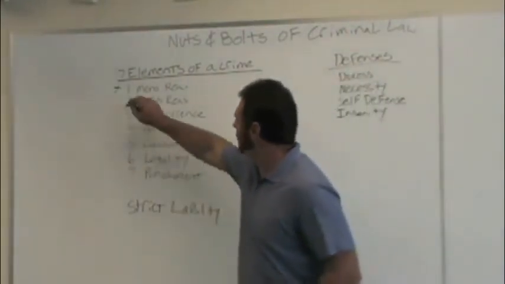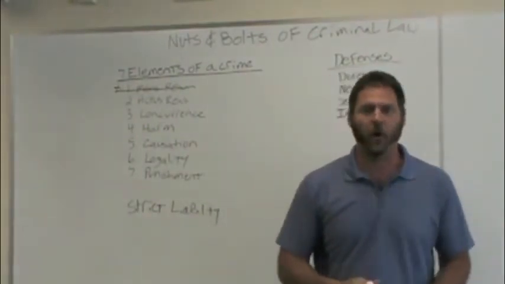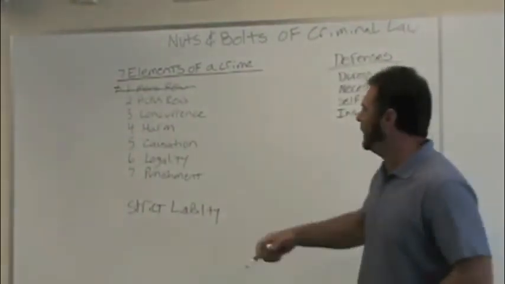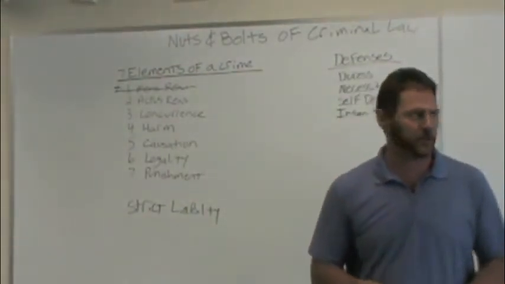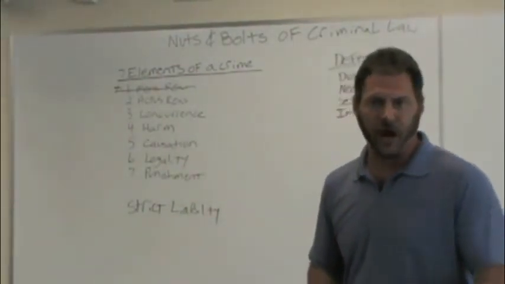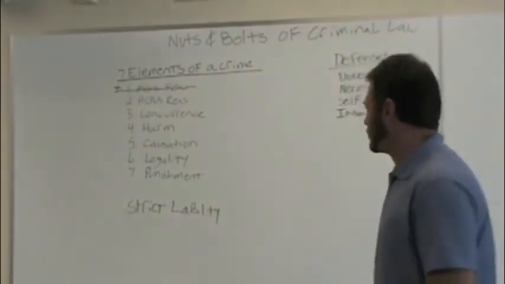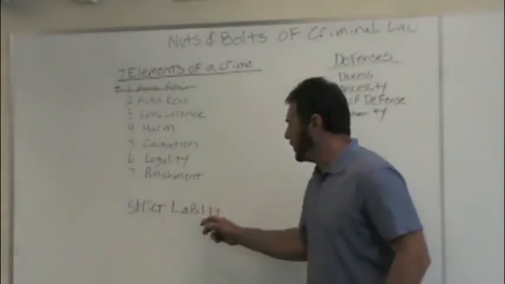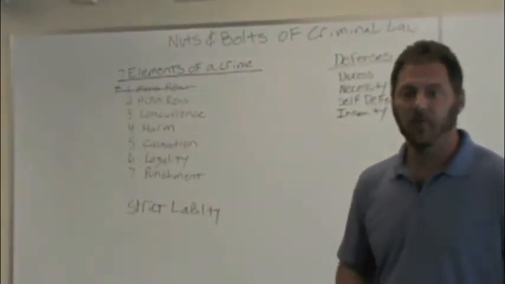There's no mens rea in strict liability. All you have to do is prove that the act was done. The only question the law has is, were you driving 85 miles per hour? Not were you driving 85 miles per hour and you knew it was wrong. And it makes prosecution much, much easier.